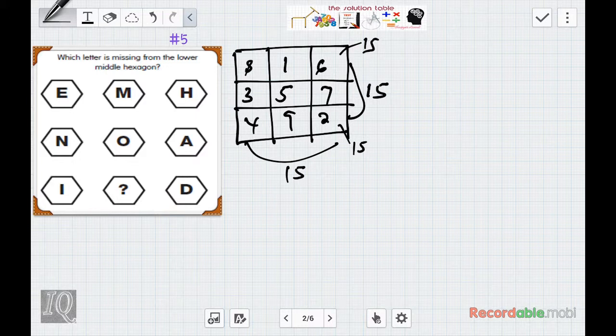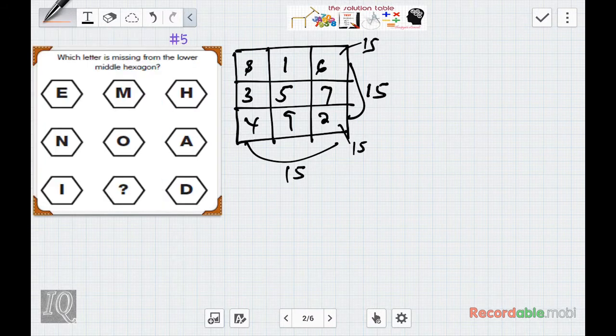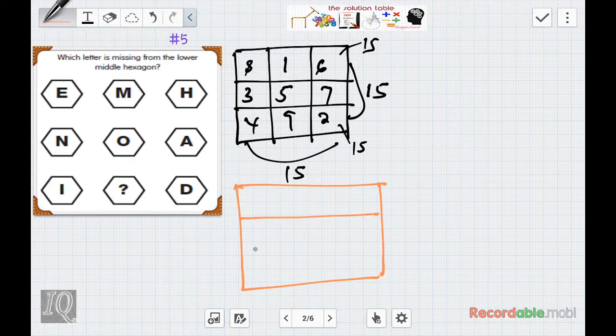So let's now convert the letters on our grid to their numerical values, starting with A as 1 to O as 15. So we draw a new grid to convert our letters.